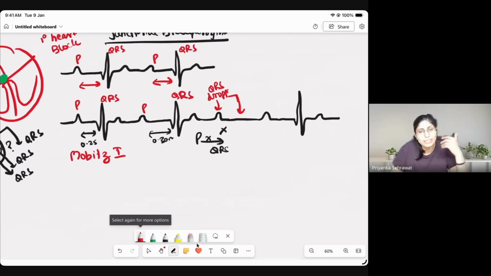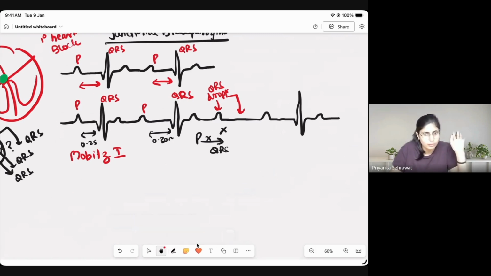What happens in Mobitz type 2? In Mobitz type 2, there is no progressive prolongation, but there is AV nodal delay.